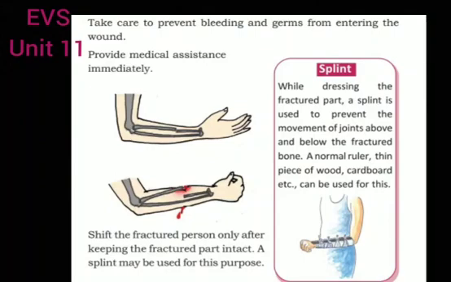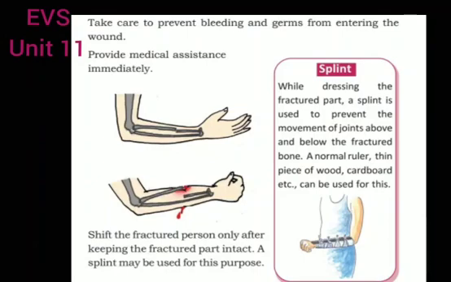You should always shift the fractured person only after keeping the fractured part straight or intact. How can you keep this fractured part straight? By using a splint. A splint is used to prevent the movement of joints, where two bones meet together.